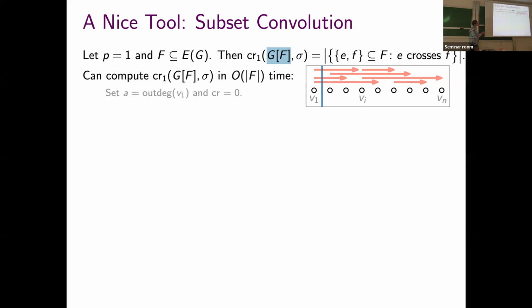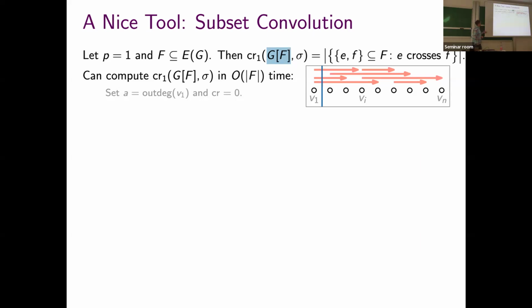And the other one is the number of crossings that I have so far. Here I have three edges that leave V1, so that's the number of active edges in the beginning, and I haven't had any crossings so far, so nothing has contributed to this number.